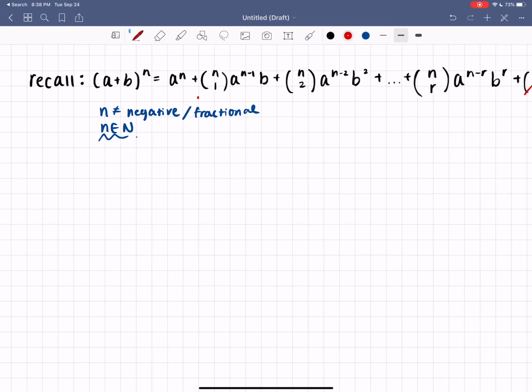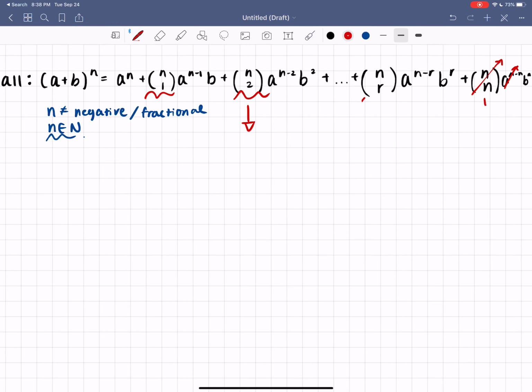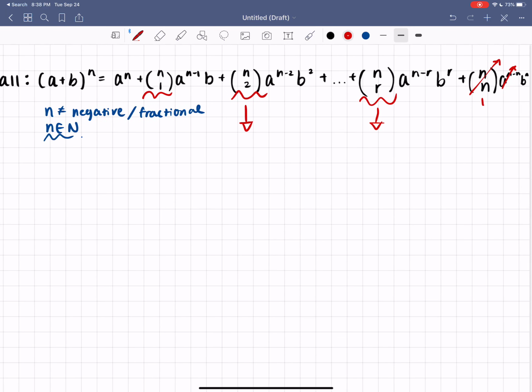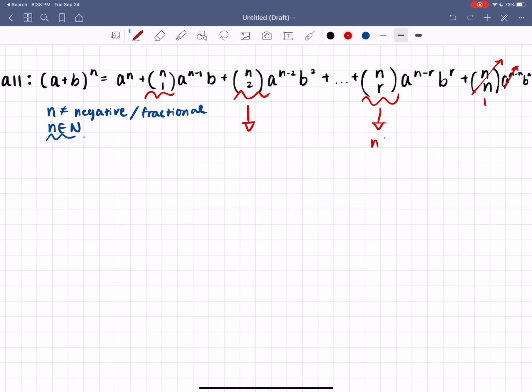And of course you have your binomial coefficients, which are kind of like combinatorics. You evaluate your binomial coefficient by taking this expression and multiplying things out.